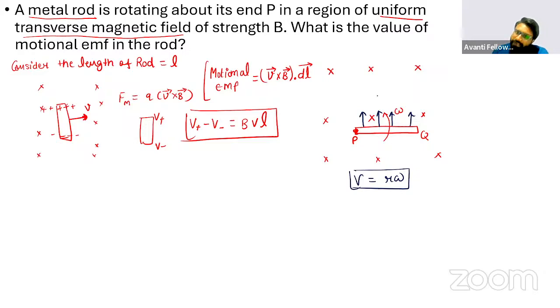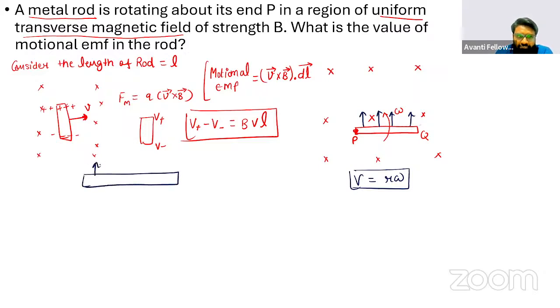And this velocity is always perpendicular, in the plane of the rod, and the magnetic field is perpendicular to this plane, which means the velocity of any point of this rod is always perpendicular to the magnetic field. So v cross B becomes vB only, because it opens as vB sine theta, where theta is 90 degrees and sine 90 is 1. So it is vB into dl. Okay. But if you see, let me consider the rod here only.